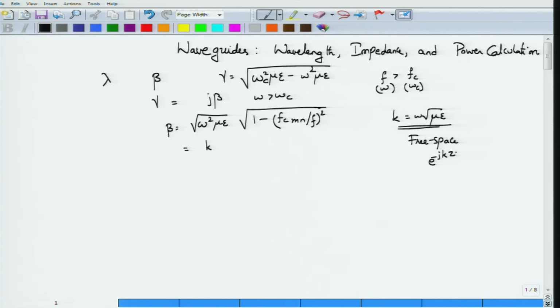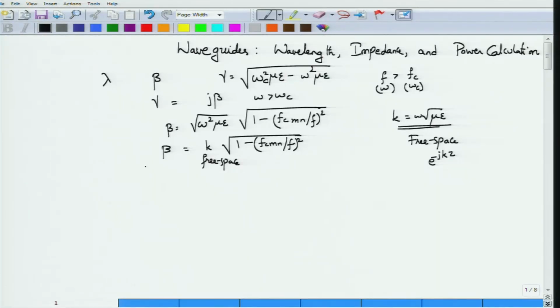However, in this case you see the propagation constant beta inside the waveguide is related to the free space parameter, but this free space parameter is getting multiplied by some factor, right. This factor takes into account that propagation will not happen when f is less than fc, the cutoff frequency.